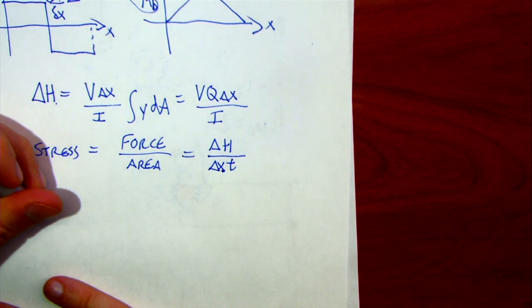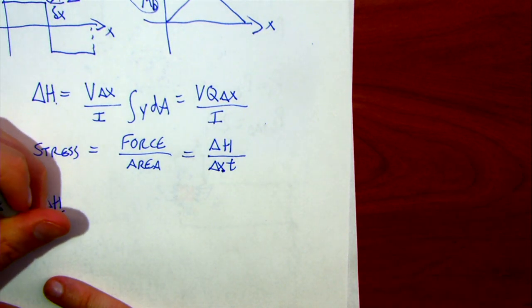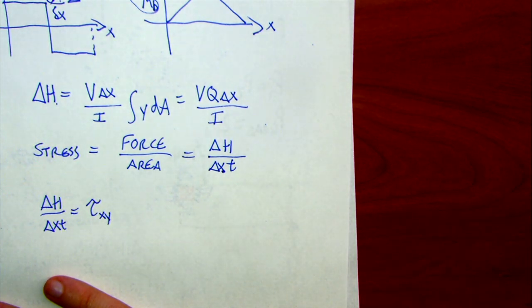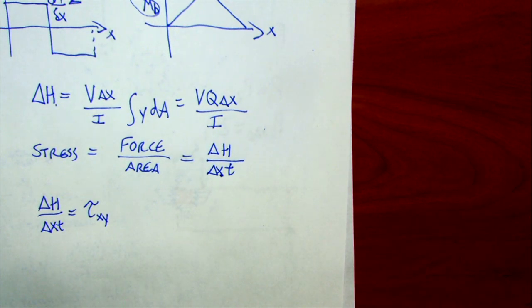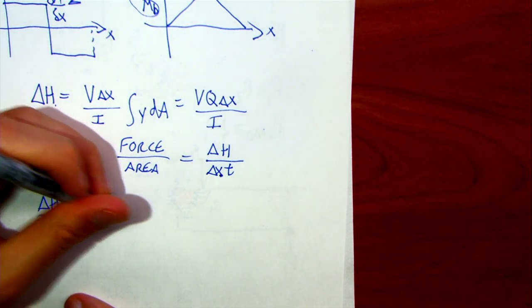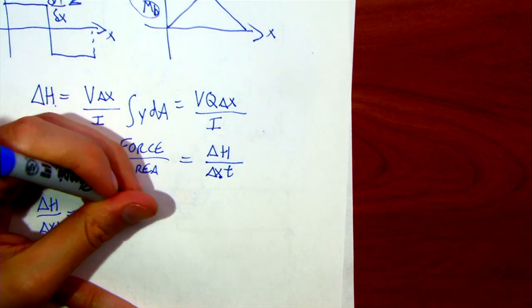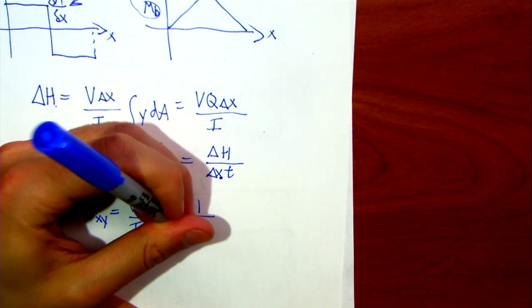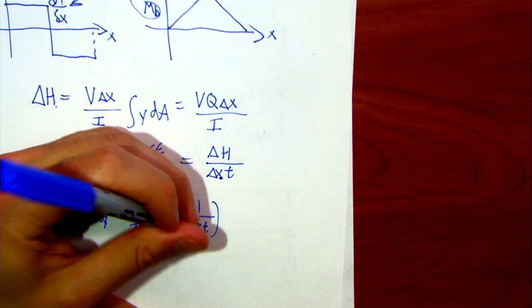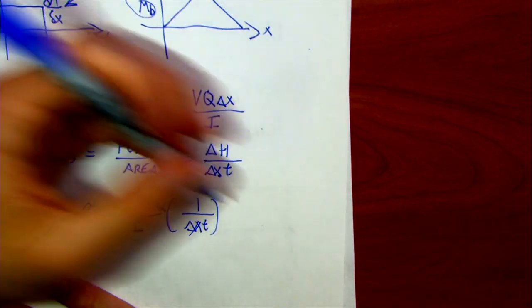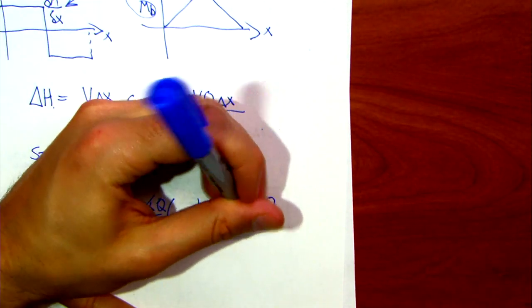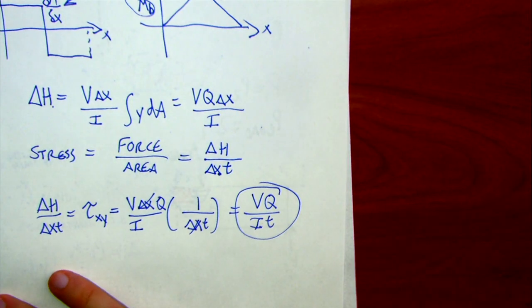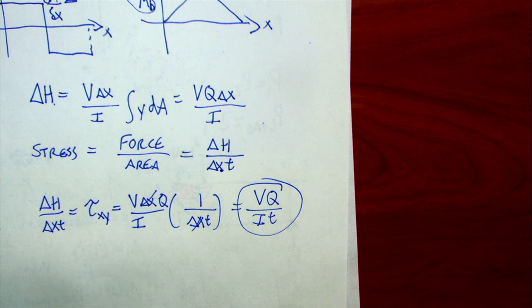So if I write this out again, delta H over delta x t, which is tau xy now, that's a shear stress. It's a shear force over the corresponding area. So V delta x over I times Q times 1 over delta x t equals VQ over It. That's my shear stress equation.